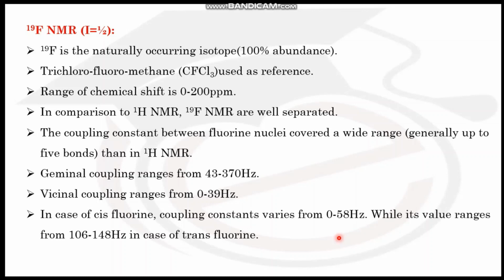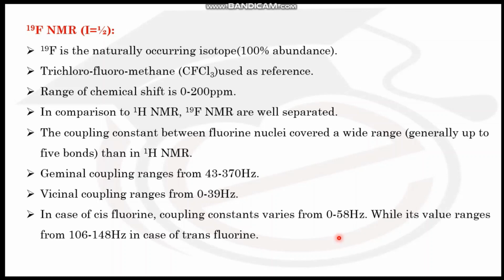There is no need to study the exact values for F19 NMR, but you have to note down the values for proton NMR. In proton NMR, the J coupling value has significance because it is very helpful in structural elucidation. For fluorine that much is not needed, but you have to understand the concept.